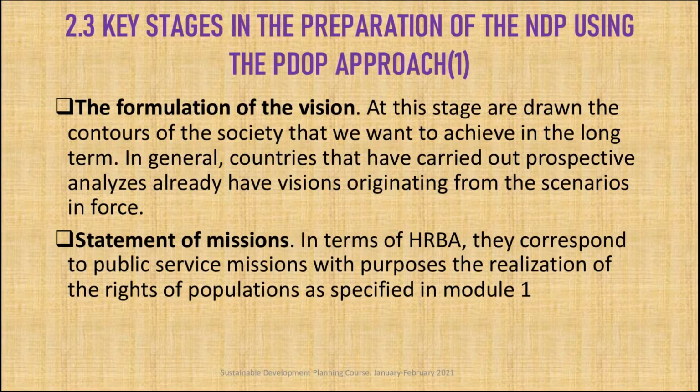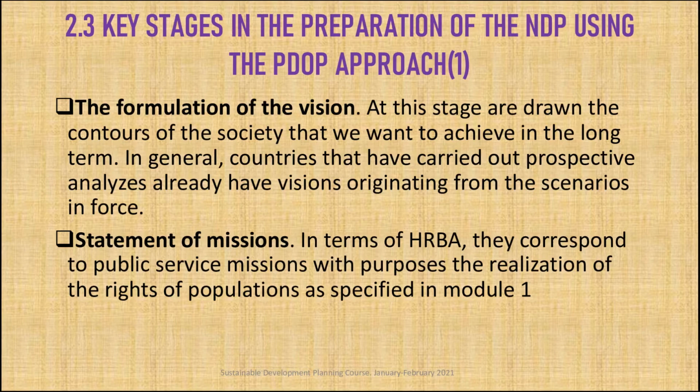So what are the key stages in the preparation of the National Development Plan using the PDOP approach? The first one is the formulation of the vision. At this stage are drawn the contours of the society that we want to achieve in the long term. In general, countries that have carried out prospective analysis already have visions originating from the scenarios in force.